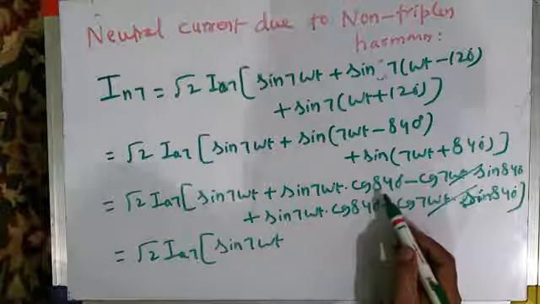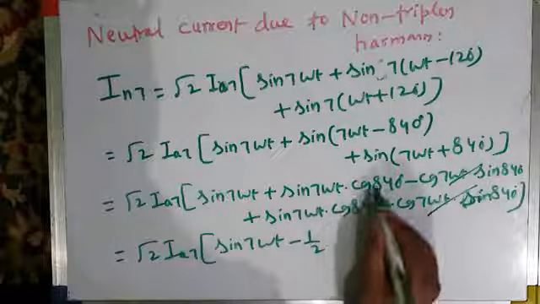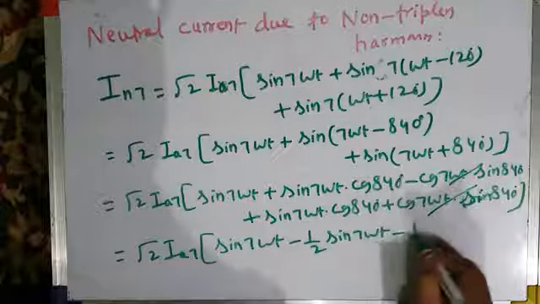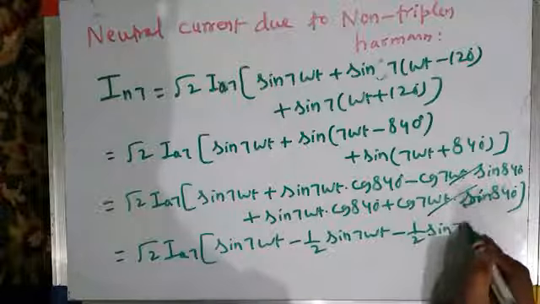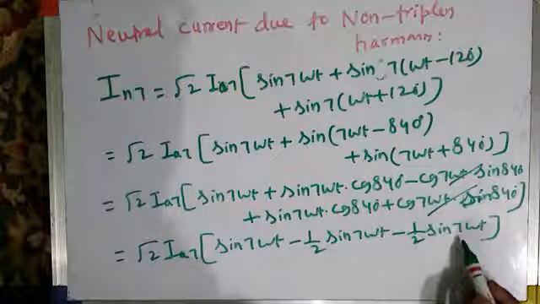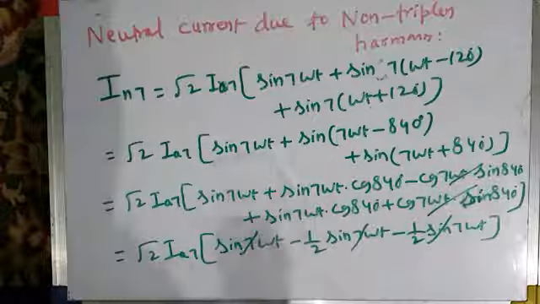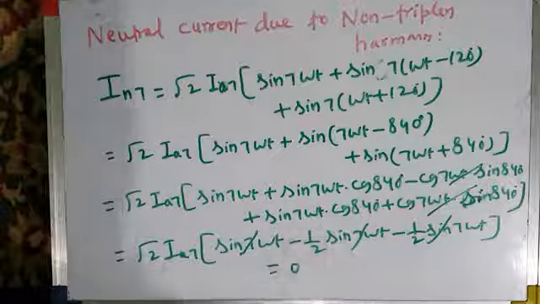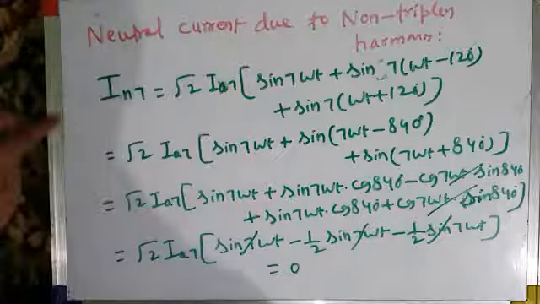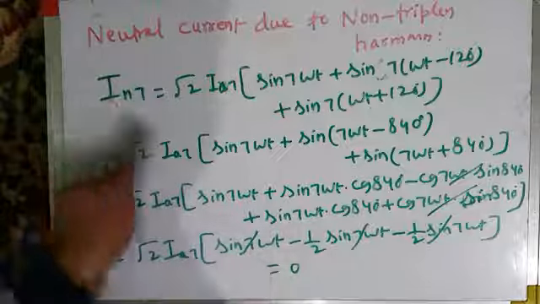Cos 840 degrees is minus 1 by 2, so we have minus 1 by 2 sine 7 omega t, and here also minus 1 by 2 sine 7 omega t. Together that is minus sine 7 omega t, which cancels with plus sine 7 omega t, giving 0. That means the 7th harmonic component of current flowing in lines A, B and C does not flow in the neutral, because IN7 is 0.